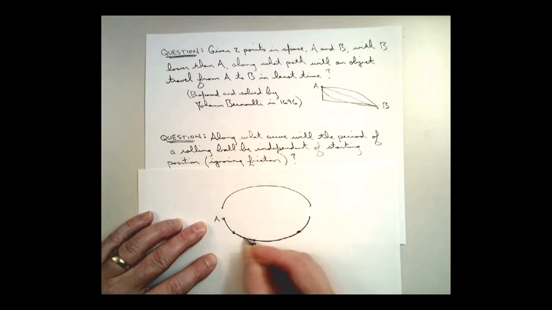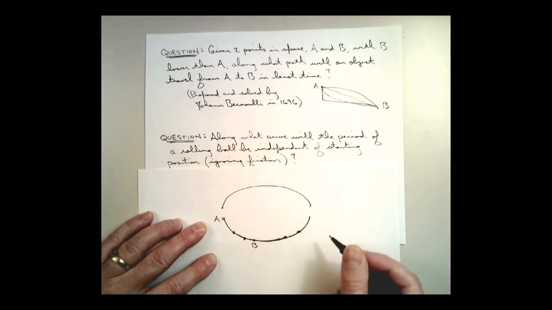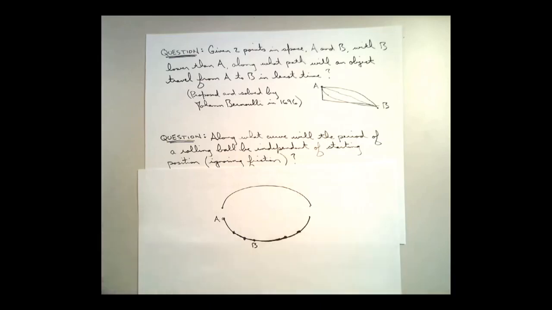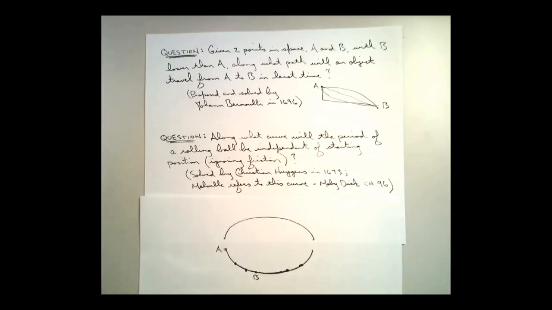So if we started there and wound up here, we want the same amount of time to elapse. And the answer to that, again, is the inverted cycloid. This particular question was answered by Christian Huygens in 1673, so slightly before the Bernoulli problem was proposed and answered.